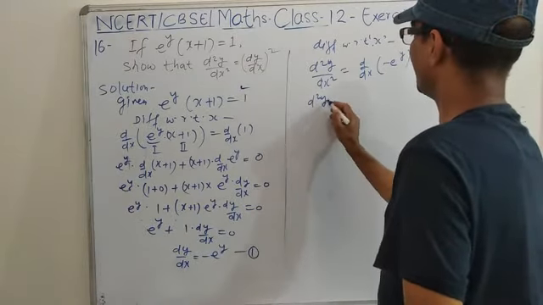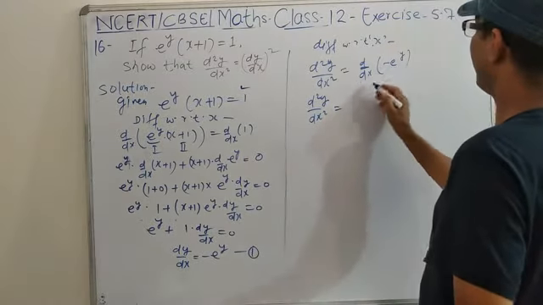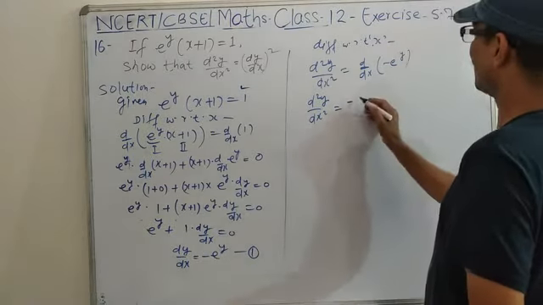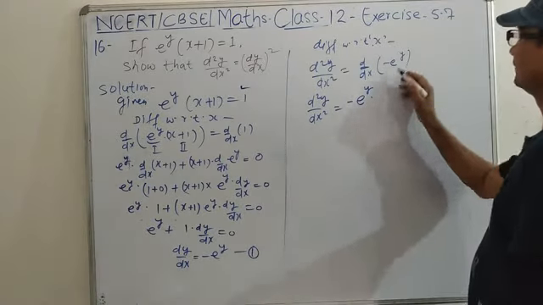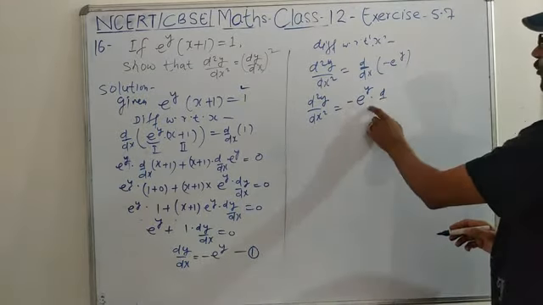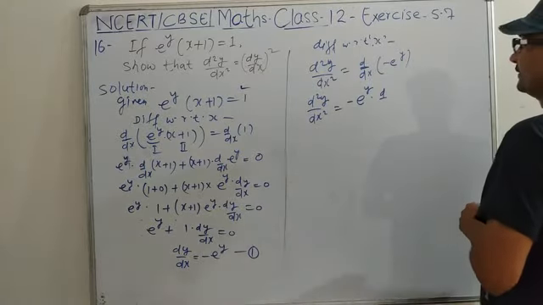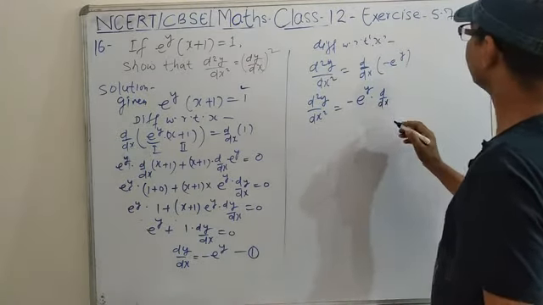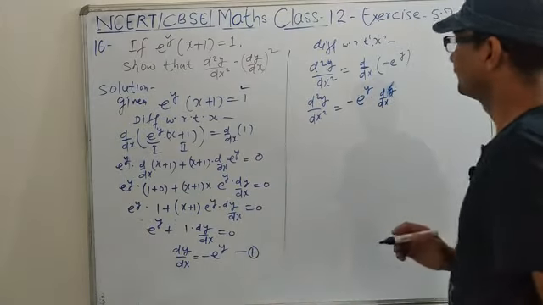So here d2y by dx square is equal to, minus is taken out here, e to the power y into again d/dx of y. The derivative for x behaves as x, and again d/dx of this y.